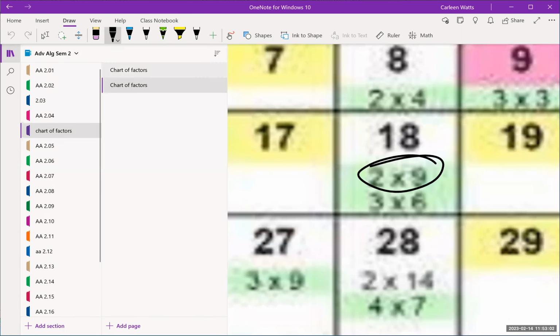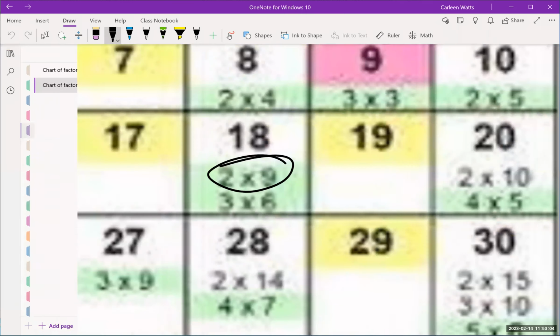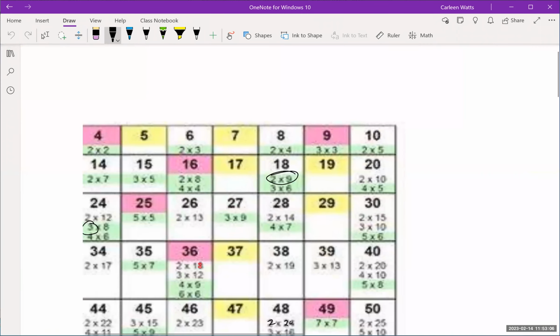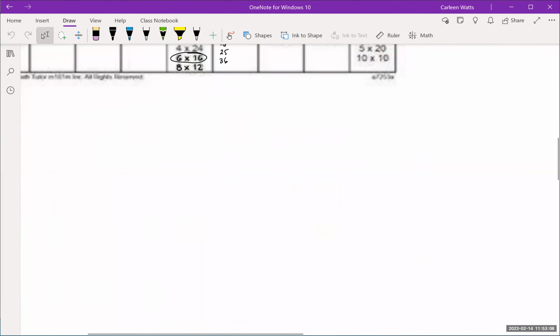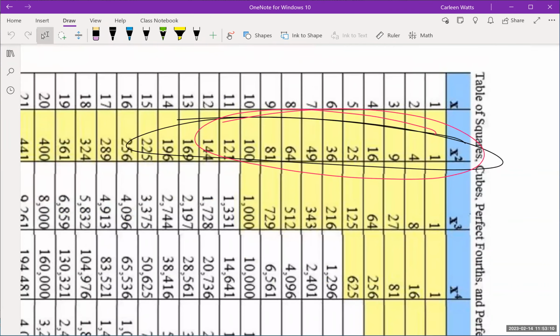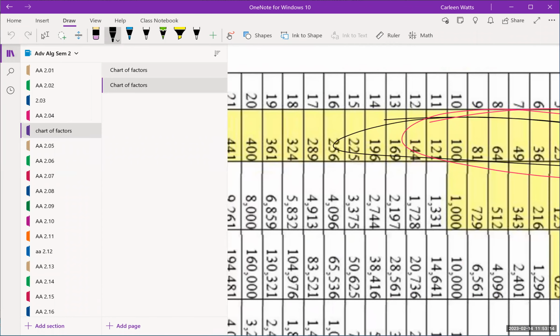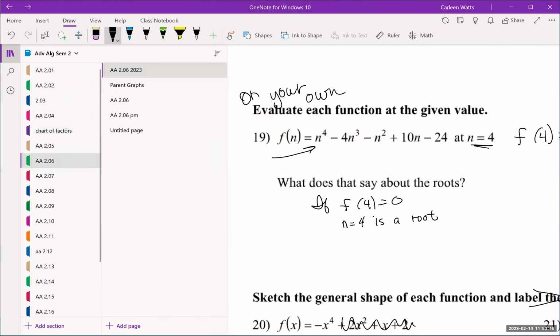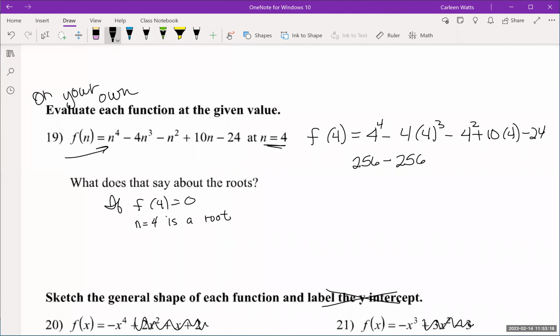I don't have a calculator. 4 to the 4th, is that 256? Yep, 256. Sorry, I was just super lazy and did not want to go running for a calculator. Okay, minus 16 plus 40 minus 24.